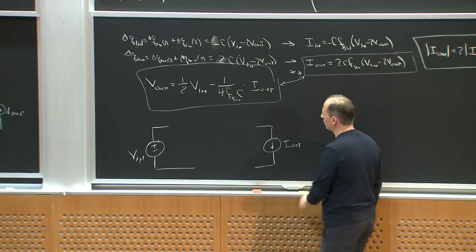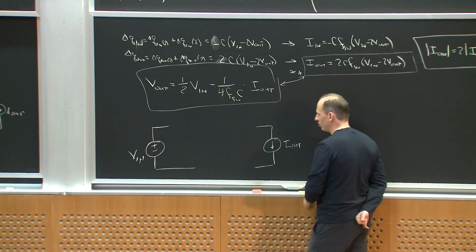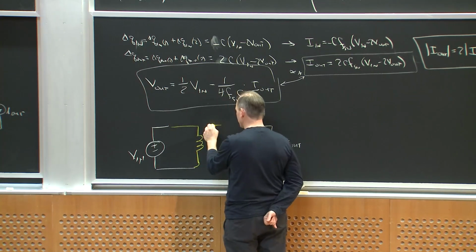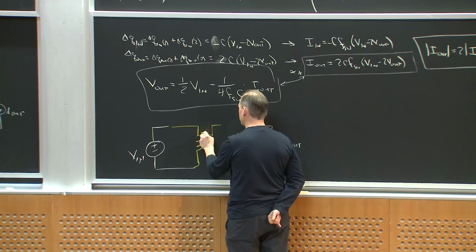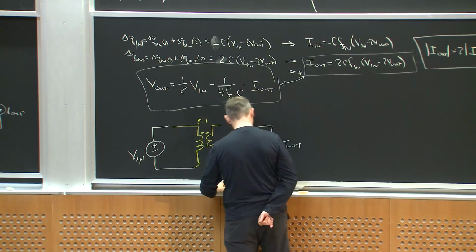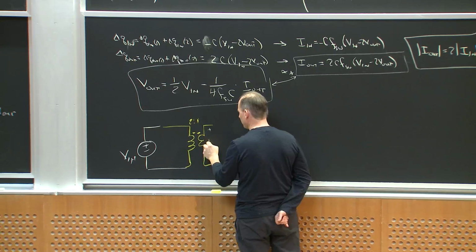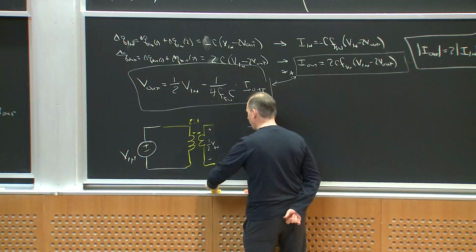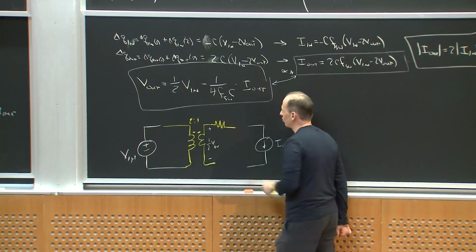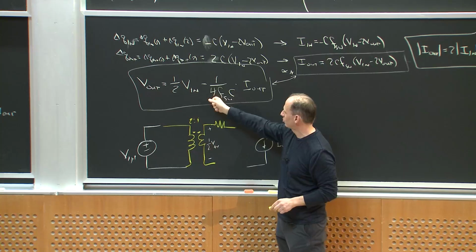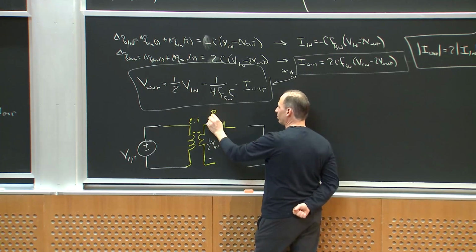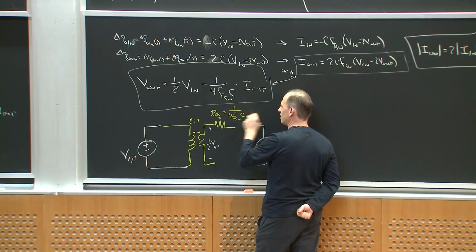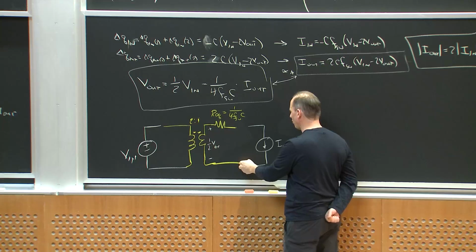Here's a circuit that gives you the same relationship. If I had an ideal 2-to-1 transformer, this voltage would be half V in, because that's what the transformer does. Then I would have an equivalent resistance that gives a voltage drop of I out times 1 over 4 F switch, so an equivalent resistance of 1 over 4 F switch C. And I could put this whole thing in a box.